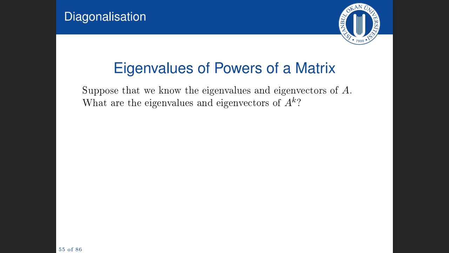Let's talk about the eigenvalues of powers of a matrix. Suppose that we know the eigenvalues and eigenvectors of a matrix A. What are the eigenvalues and eigenvectors of A to the power k? Well, we're supposing that we know lambda and x, which satisfy this equation.